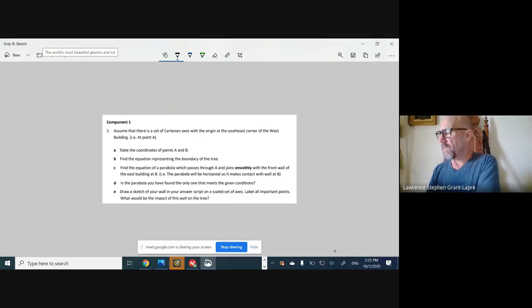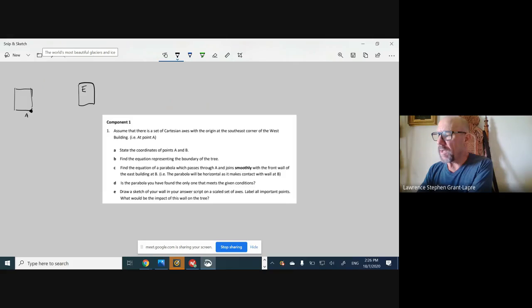So assume there's a set of Cartesian axes with the origin in the southeast corner of the west building. So a lot of you did that. Just put a building here, and you've got a point A here, and then you've got the east building and the west building.